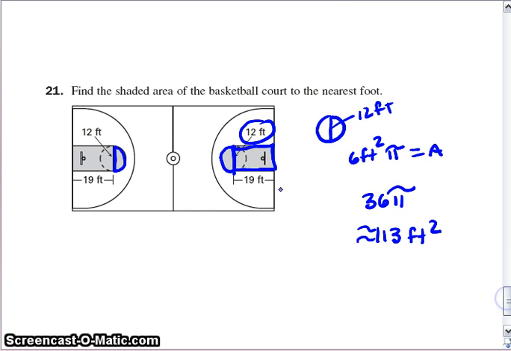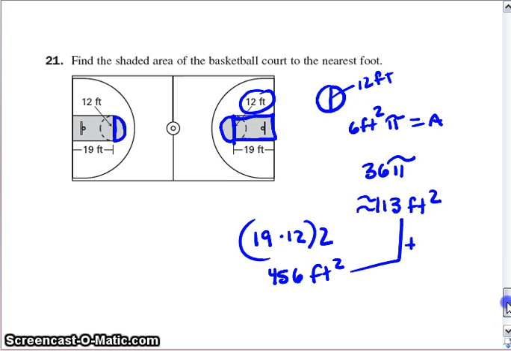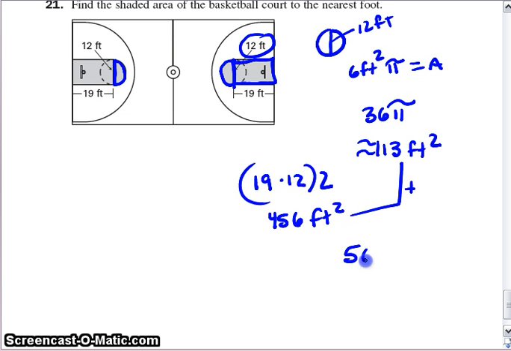Now we need to find the area of our rectangles. Well, our rectangles are 19 by 12, and there are 2 of them. If we multiply 19 times 12 times 2, we'll get 456 feet squared. All right, we need to add the 2 of these together, which would give us 569 feet squared.